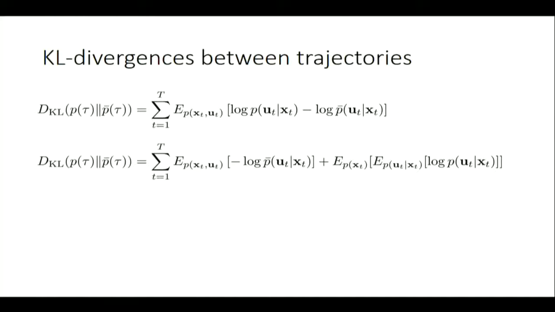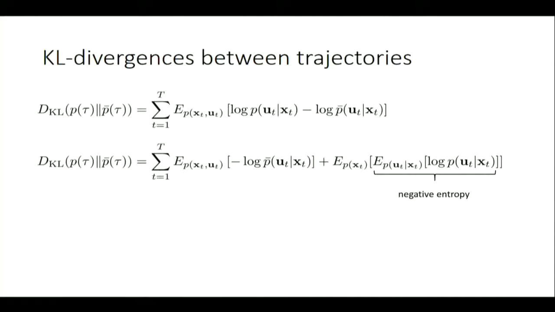What we're going to do then is a little bit of rearranging. We're going to take this negative log p bar term and leave that alone. And for this other term, we're going to rewrite it as the expectation under p of x, and then the expectation under p of u given x, right? Because it's an expectation under p of x comma u, so we can write p of x comma u as p of x times p of u given x, and then we can separate out those two expectations. And this term right here is just the negative entropy of p of u given x.